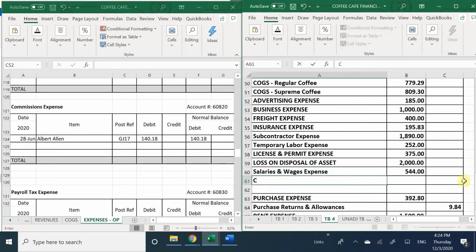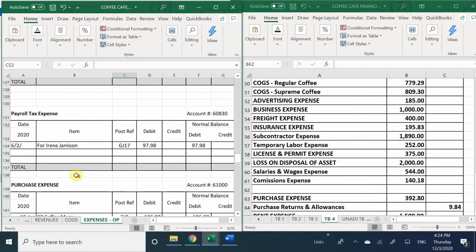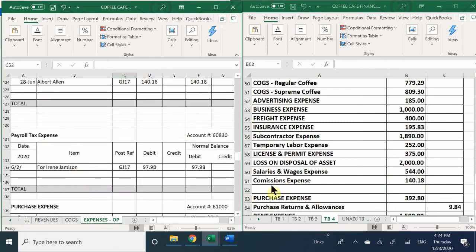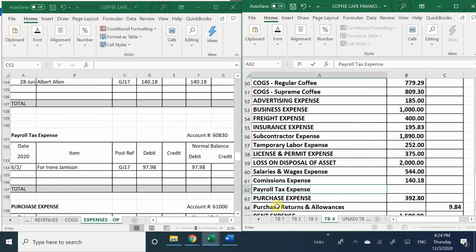We have commissions expense for 4018. Okay. And then we have payroll tax expense, and that is $97.98.